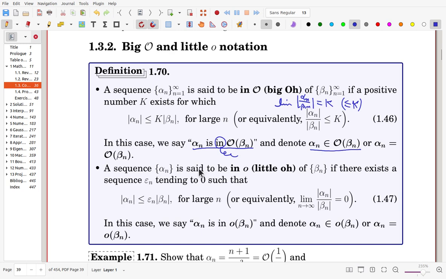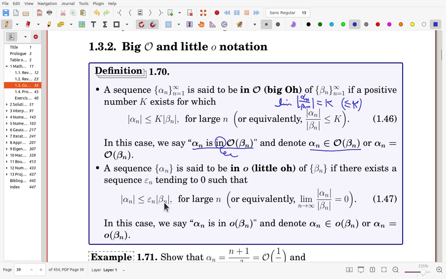Now, for little o, if there is a sequence epsilon n converging to 0 and satisfying this inequality for large n, then we say alpha n is in little o of beta n.